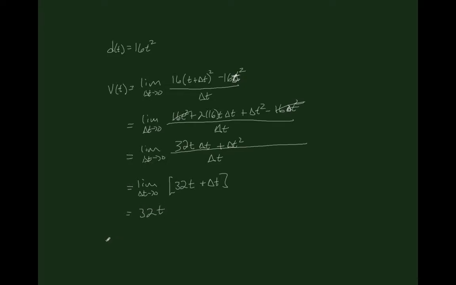So what we find is the velocity at time t is equal to 32 times t. And that is actually a calculus result. And this is something called the derivative. There's actually a formula in calculus for taking the derivative. My notation is a little bit unfortunate. I called this dy of t.